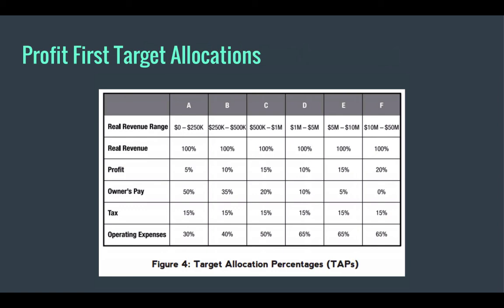Again, read the book. I am not officially a Profit First professional, which he does have a directory of people who have been specially trained in this. But you don't have to work with a Profit First professional to use the principles. I just wanted to let you guys know about it and what that looks like.